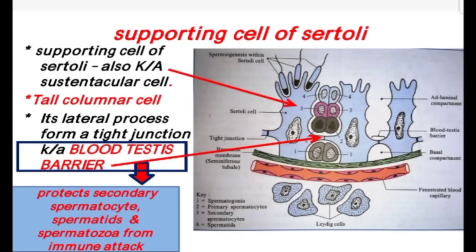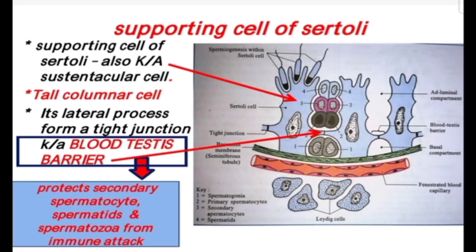So they are identified as foreign cells, and if blood comes across these cells, the antibodies can recognize them as foreign, and there will be a chance of an immune attack.